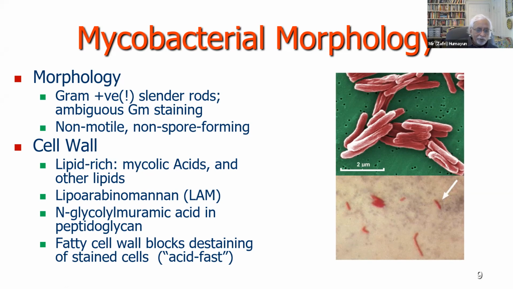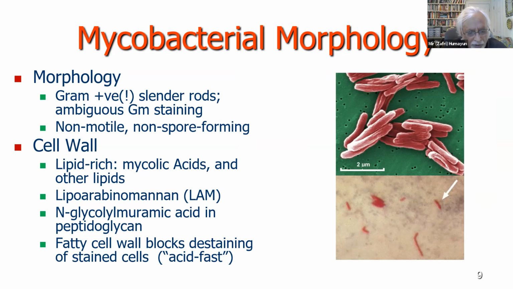The cell wall also has certain characteristic lipid carbohydrate molecules such as lipoarabinomannan and other components of peptidoglycans such as N-glycolyl muramic acid, etc.